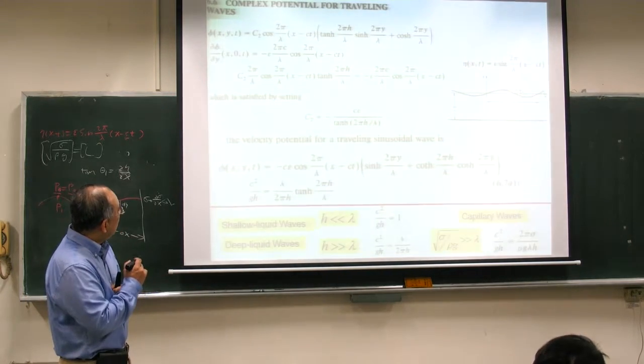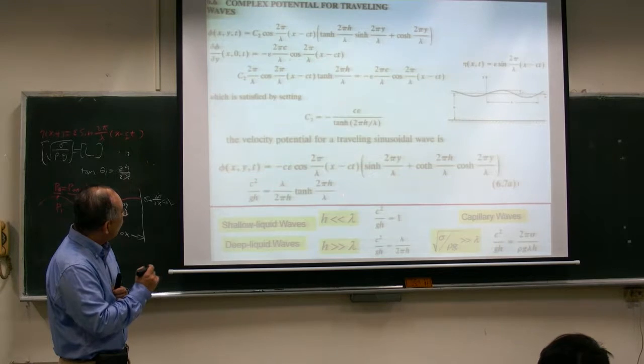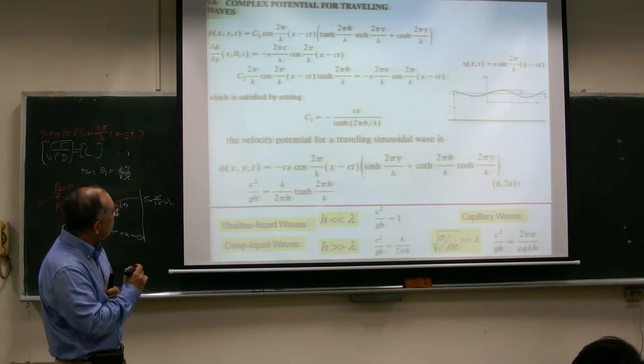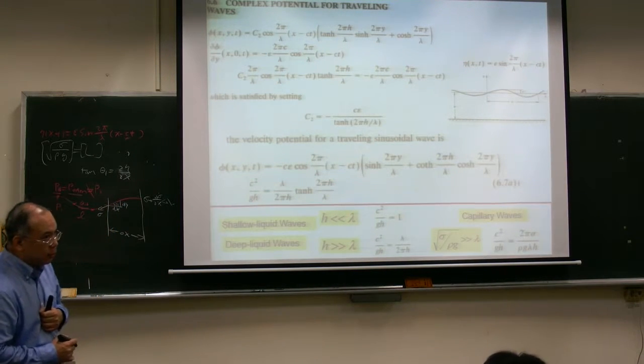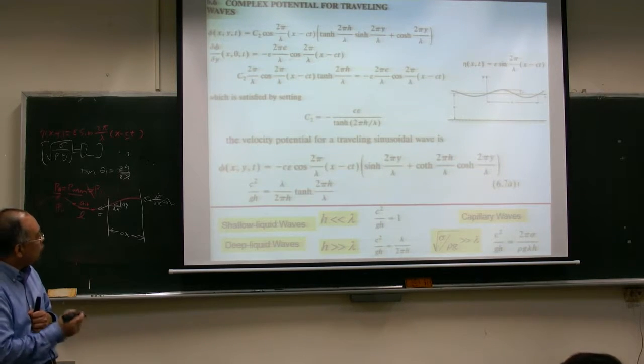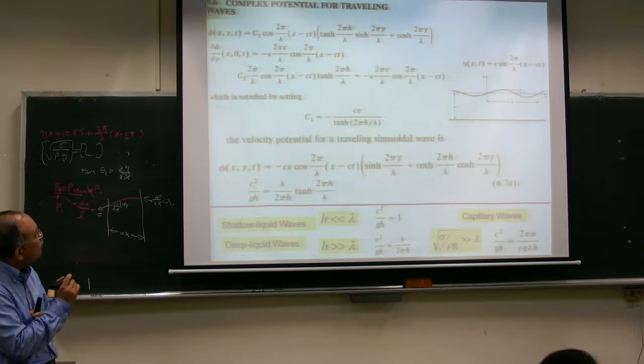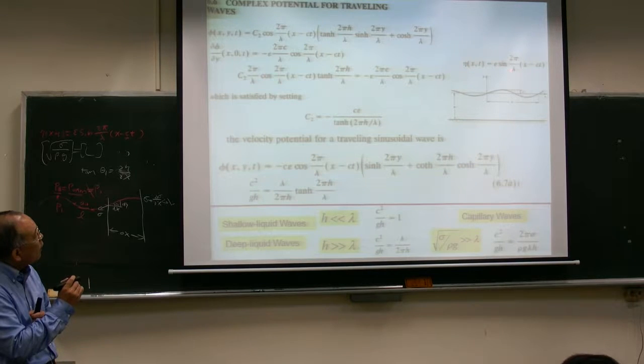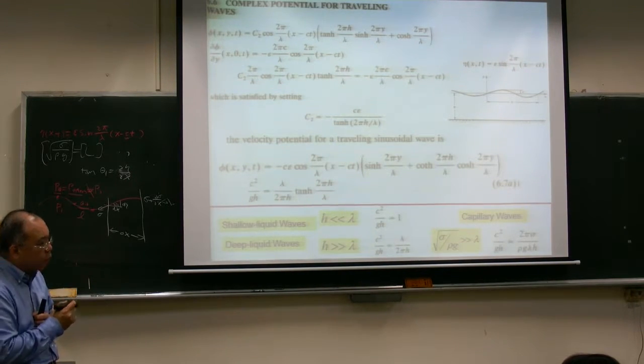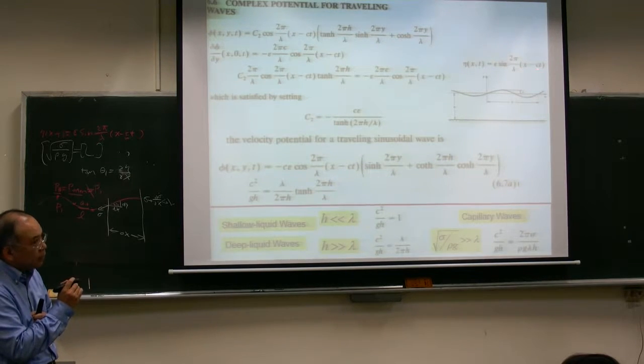And I also have an additional so-called dispersion relation. This is a dispersion relation, okay? It comes from the dynamic boundary condition. The wave speed C and lambda are not independent and should follow this. You cannot assume any C and lambda here.